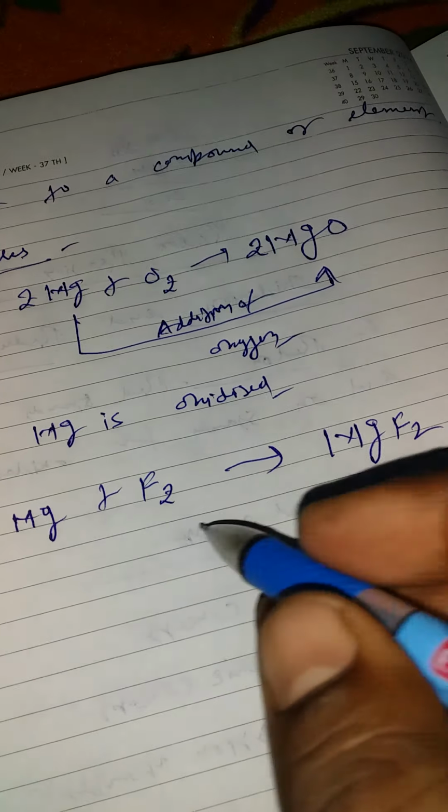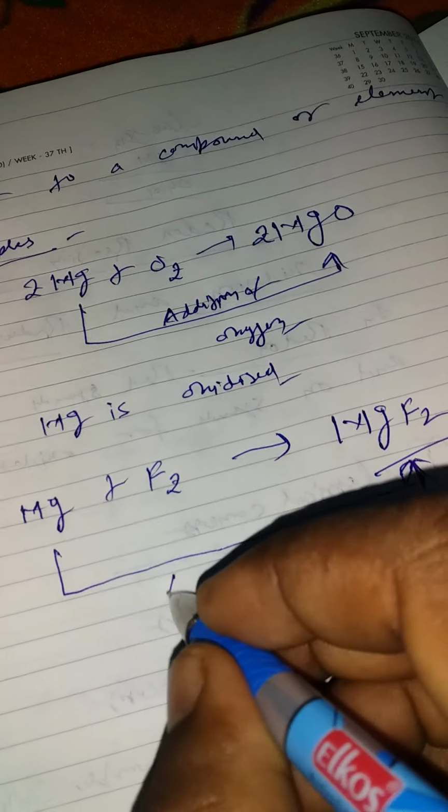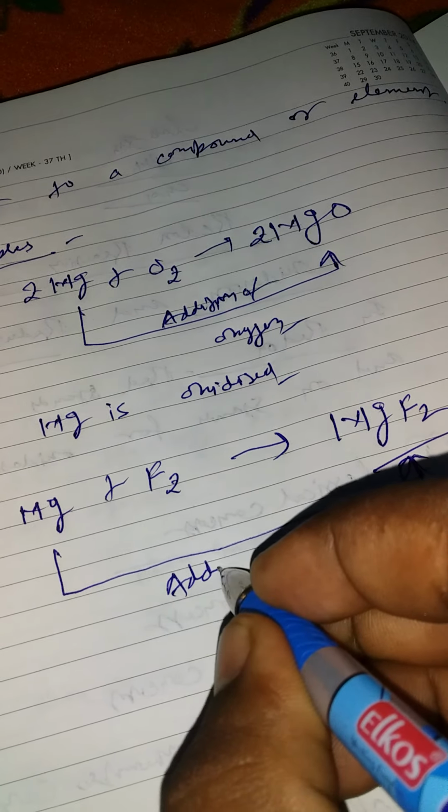Magnesium converts into magnesium fluoride, so here addition of electronegative element, and we can say that magnesium is oxidized.